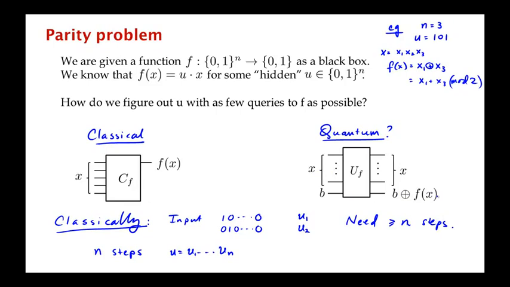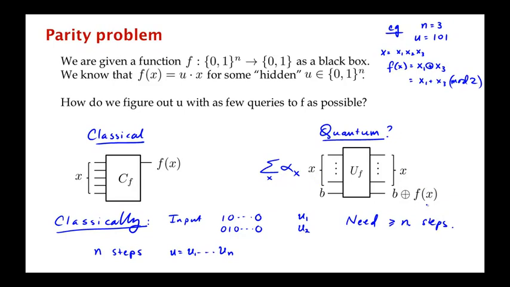I'm suppressing the work bits because they start at 0 and end at 0. Now, of course, quantumly we can also put x in superposition, so our input could be the sum over x of alpha x, x, and the output is now going to be the sum over x of alpha x, x, but then we have the answer in superposition, f of x, as well.